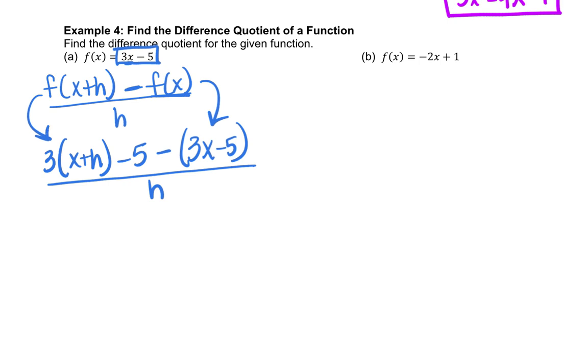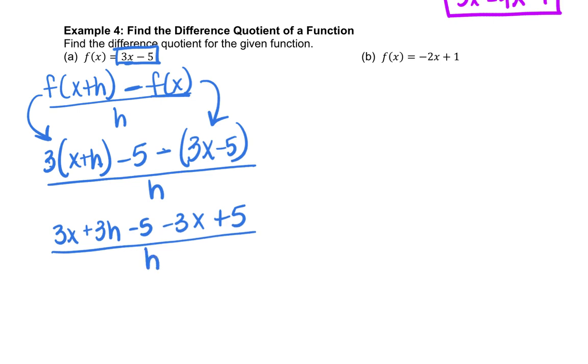So now you're going to multiply through and then do your cancellations and see what you wind up with. All right. So 3 times x is 3x. 3 times h is 3h minus 5. Distribute this negative. Looks a little bit better when you can get rid of all those parentheses for sure.